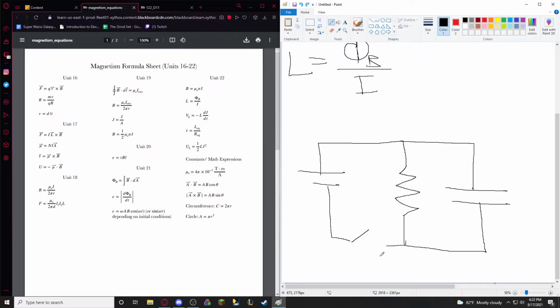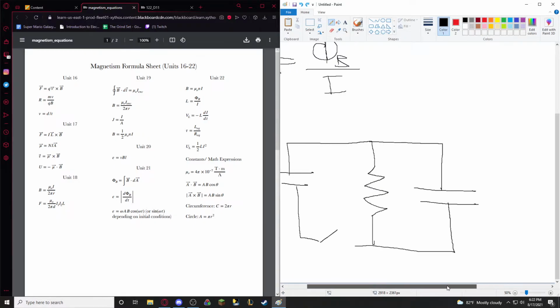Exactly. So essentially, our capacitor charges up, and over time it goes from being a wire, so all the current's going through it, to eventually no current going through it, and all the current goes through the resistor.